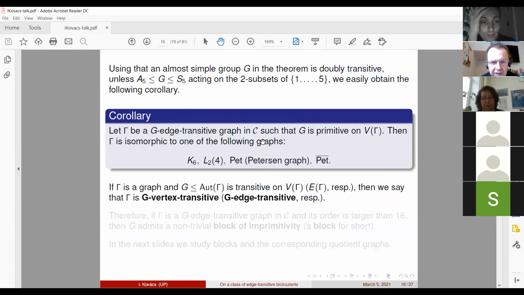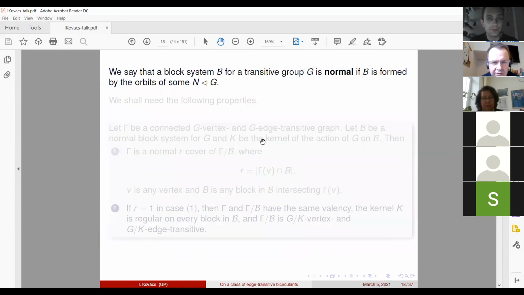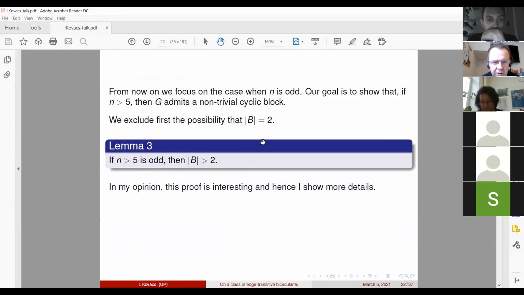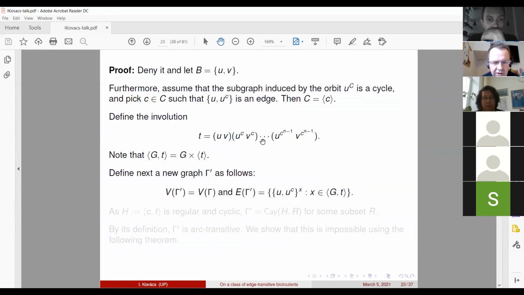The other difficulty is that I used the classification of arc-transitive circulants, and the reason I can do it is because if n is odd, then you get a Cayley graph over a cyclic group. This involution and C always generate a regular group, which is cyclic because the order of C is odd and the order of T is 2.